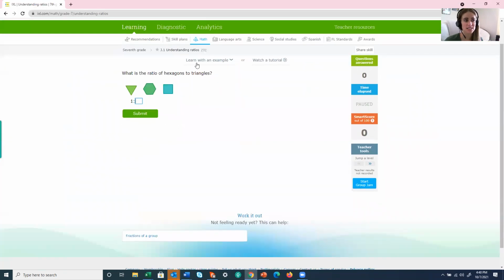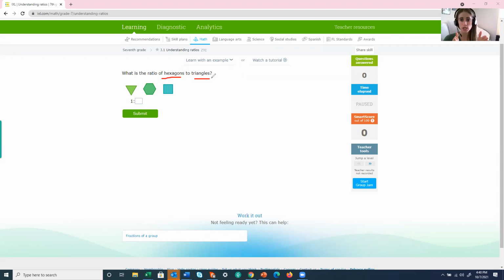Here we are on IXL assignment ZTC, Understanding Ratios. One important thing that we need to verify and pay close attention to is the wording, because the wording matters. The order tells us the order of which our ratio needs to be set up. So we are wanting to find the ratio of hexagons to triangles.